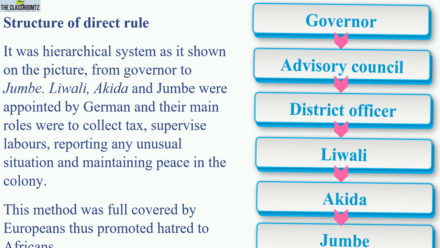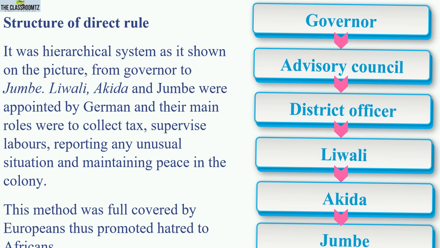So the Liwali, Akida, and Jumbes were Africans who worked together with those whites, the governor, advisory council, and district officers, to rule the colonies. This is a simple illustration showing the structure of direct rule.